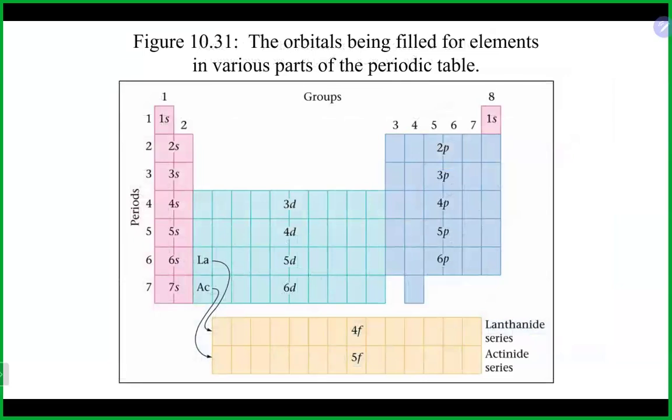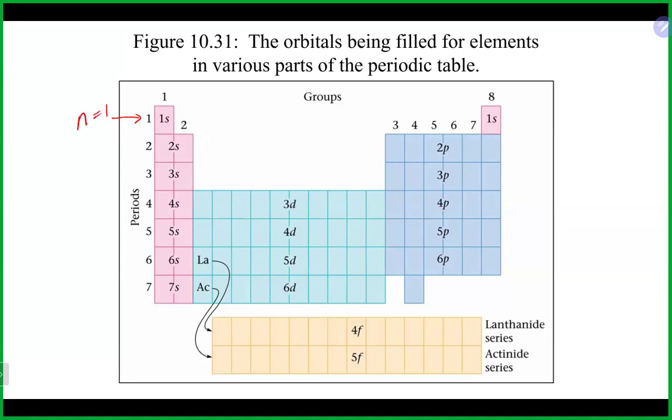Now, let's talk about the periodic table and electron configuration. If you know what you're doing, you could use the periodic table to write electron configuration or count it off. When we look at the periodic table, there are period numbers 1 through 7. If you remember, our n goes 1 through 7.